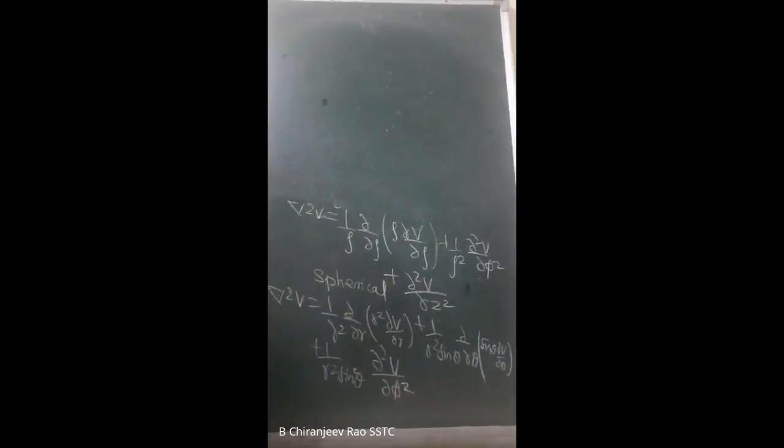So given V is equal to 6 rho phi z volts. Yes sir.